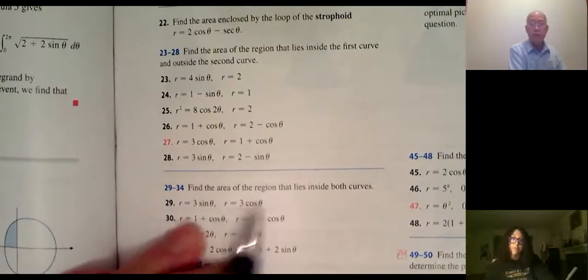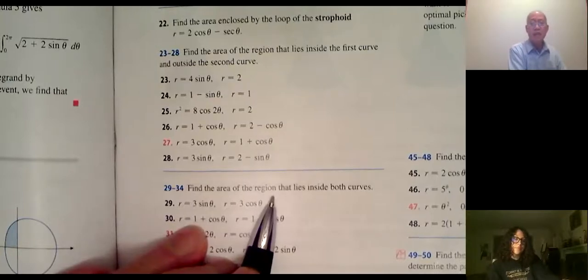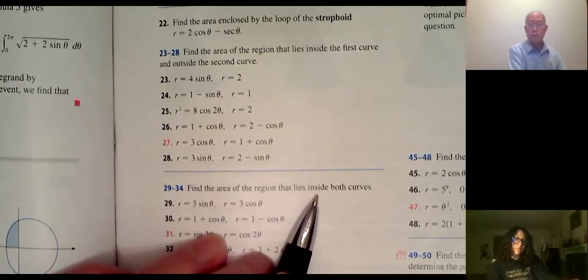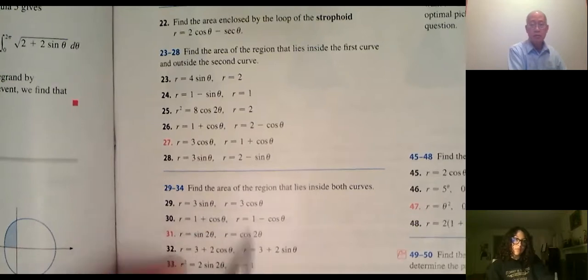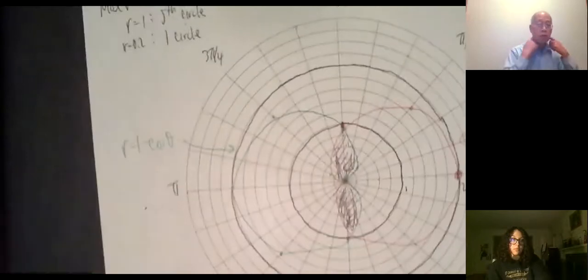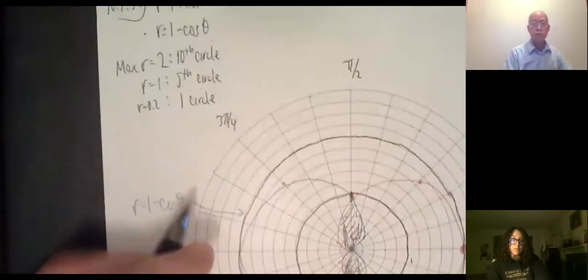Find the area of the region that lies inside both curves. So how do you do that? Inside both curves. So I needed to graph that. So on the same graph paper, here's the answer, it turns out.